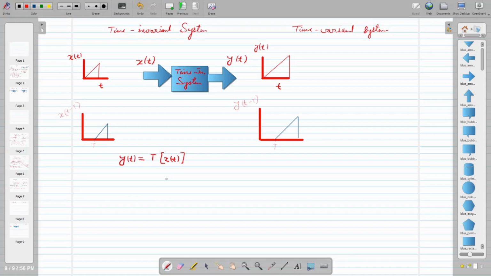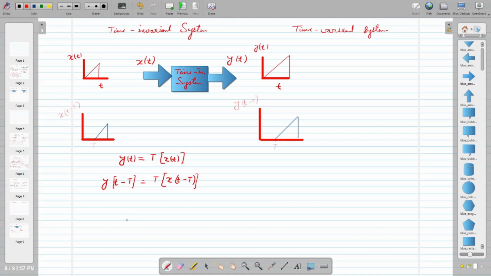If I produce certain delay, and that delay is the amount of capital T, then after transformation the system is having output y(t minus T), with the same amount of delay at the output side. Then the system is time invariant, and if it is having a different response, then the system has time variant characteristics.